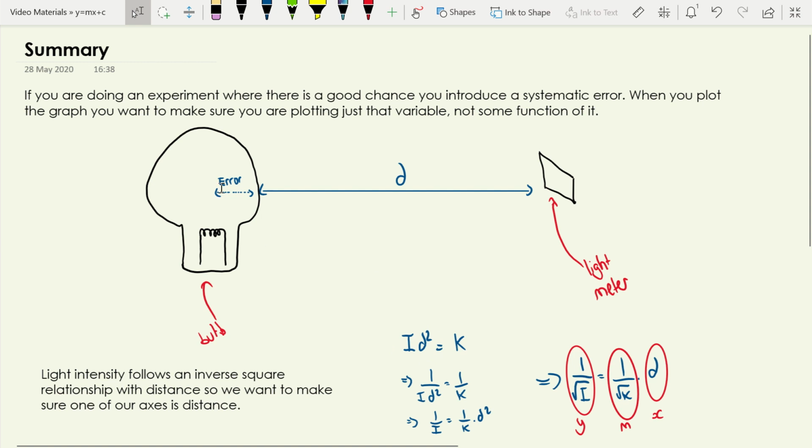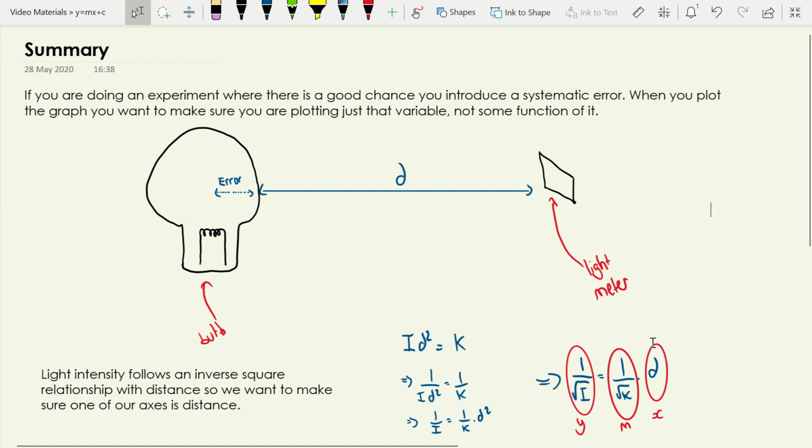We said that there's likely to be a systematic error in D. So that means we're going to want to make sure that on our x-axis, because D is our independent variable, that's the thing we're going to change, and we'll measure the light intensity depending on that. So this is going to be on our x-axis. That's why I'm just plotting D here.